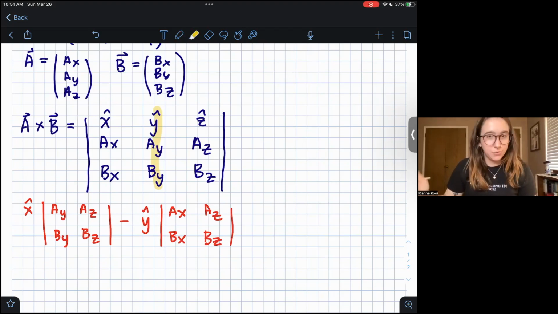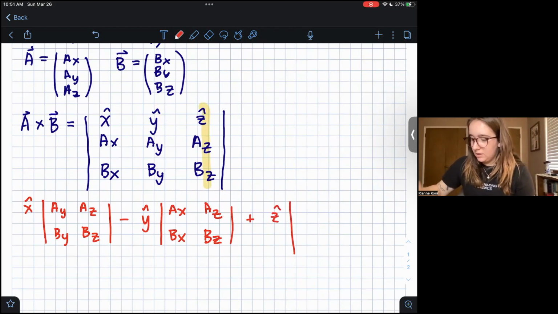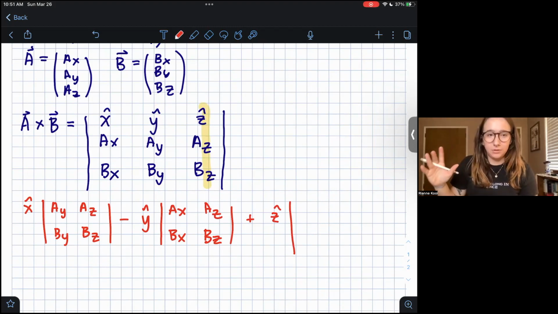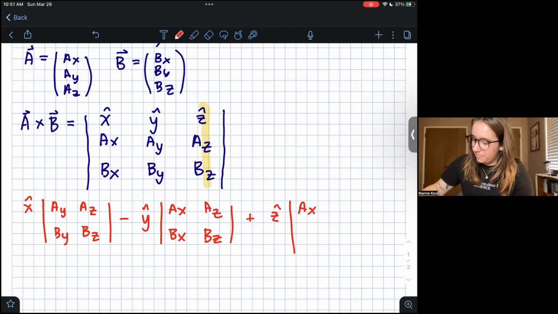And now let's do the Z component. So I'm going to highlight the Z, and for Z, we go back to plus, so Z hat. And now I look at what I have left that's not highlighted, and I have AX and AY and BX and BY.